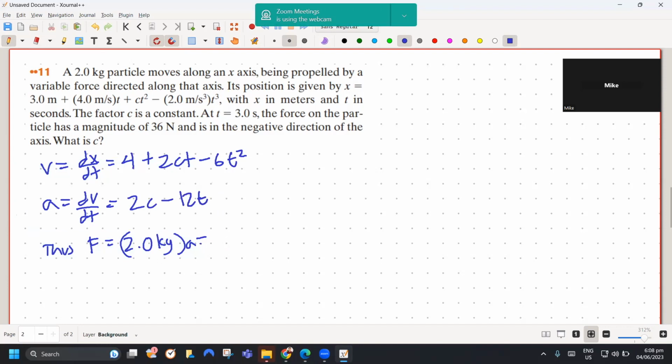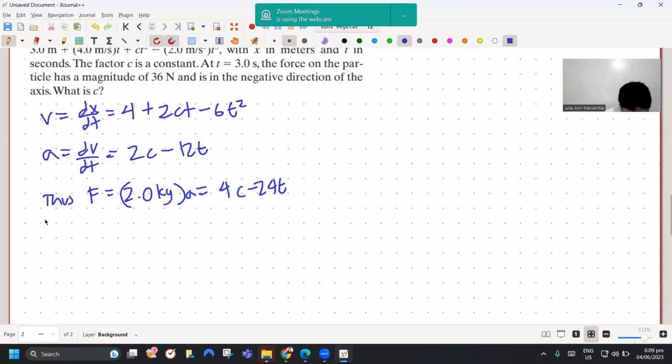Okay. Tapos, ano yung given? At t equals 3.0 seconds.